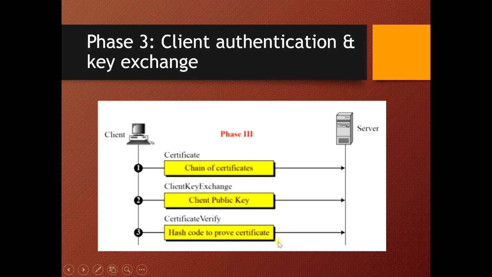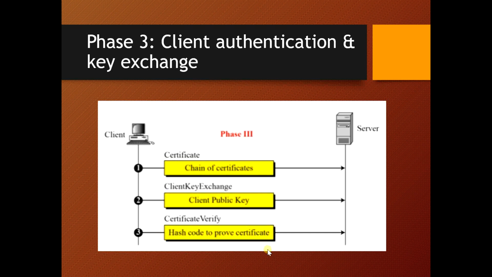to prove the certificates. So once the server done message is received, the client should verify that the server provided a valid certificate and check the server hello parameters whether they are acceptable or not.